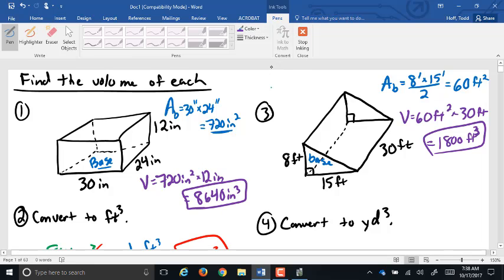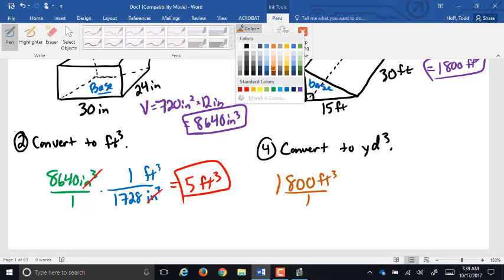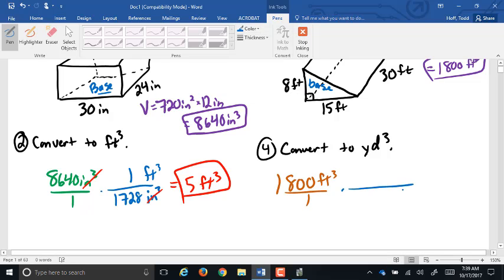So then number 4 here, convert that into cubic yards. So cubic yards will be on top. 1 cubic yard is 27 cubic feet. They cancel out, and that becomes what? 200 cubic yards.